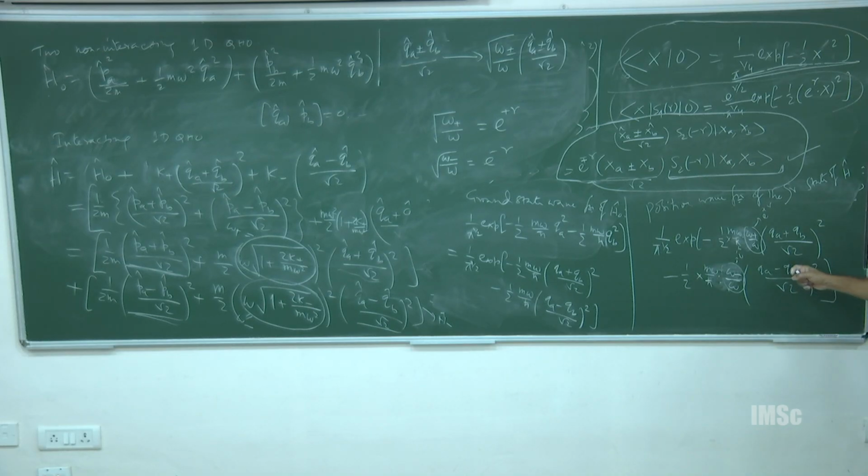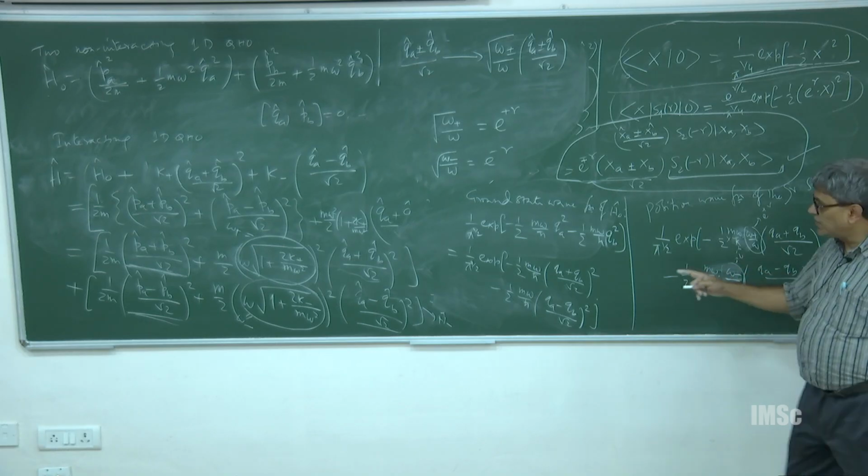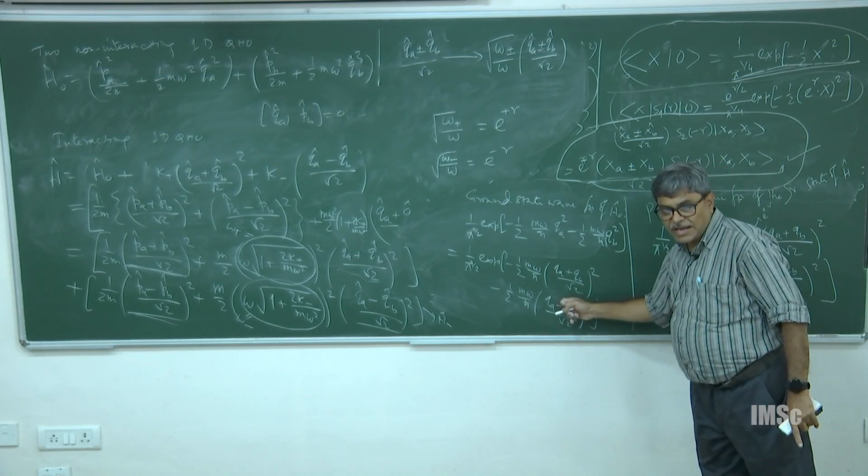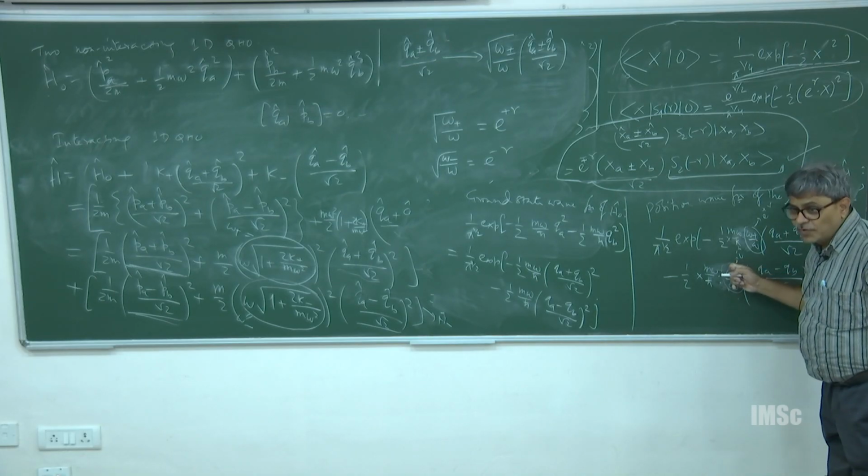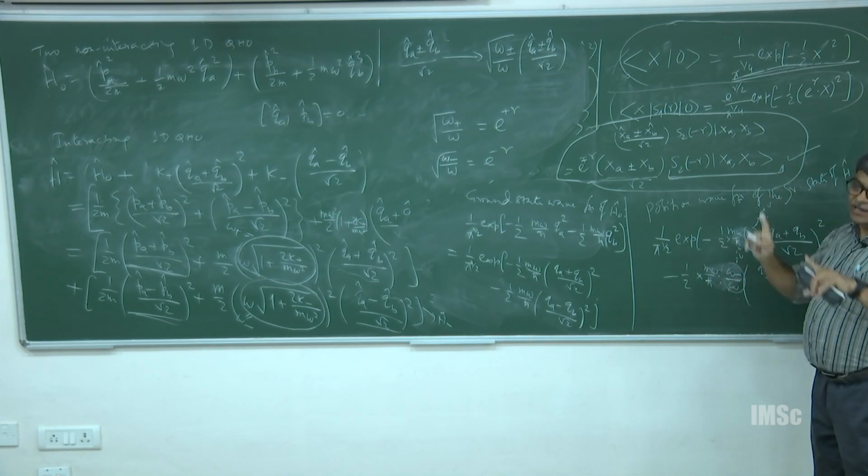So, now look at this, the difference between this and this. What is the difference? The difference is that you have cross term here, QA times QB terms are present here, which was not in this case, and this tells you that the two-mode squeeze vacuum state must be entangled.